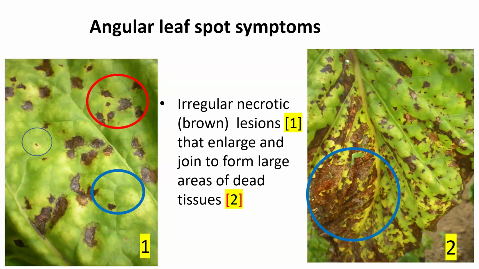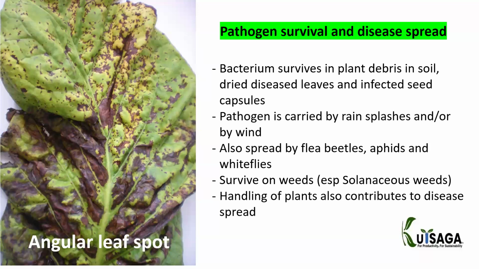Like I said, it's caused by a bacterium. This bacterium survives in plant debris in the soil or on dried leaves that can be on the surface of the soil, and also infected seed. So it's a seed-borne pathogen. It also lives on dead organic remains. Okay.